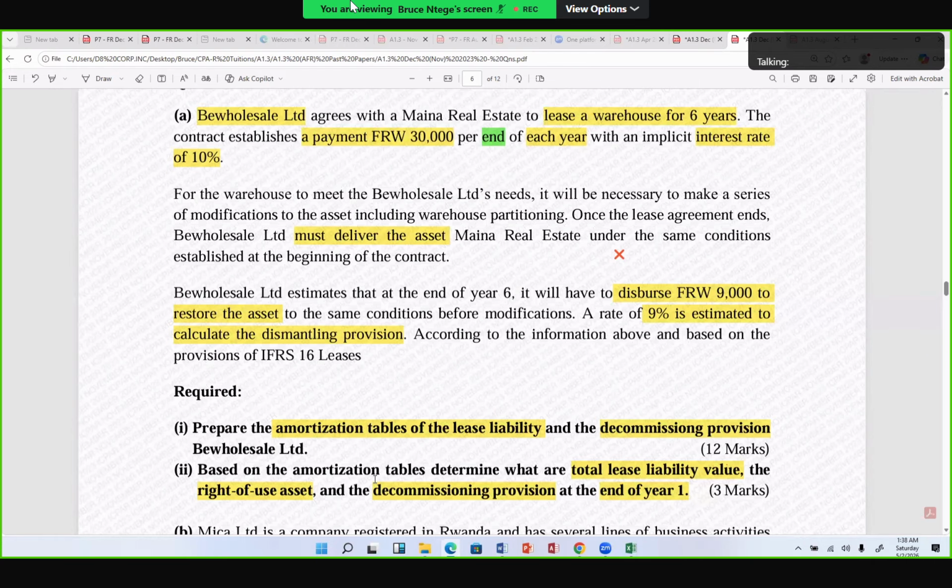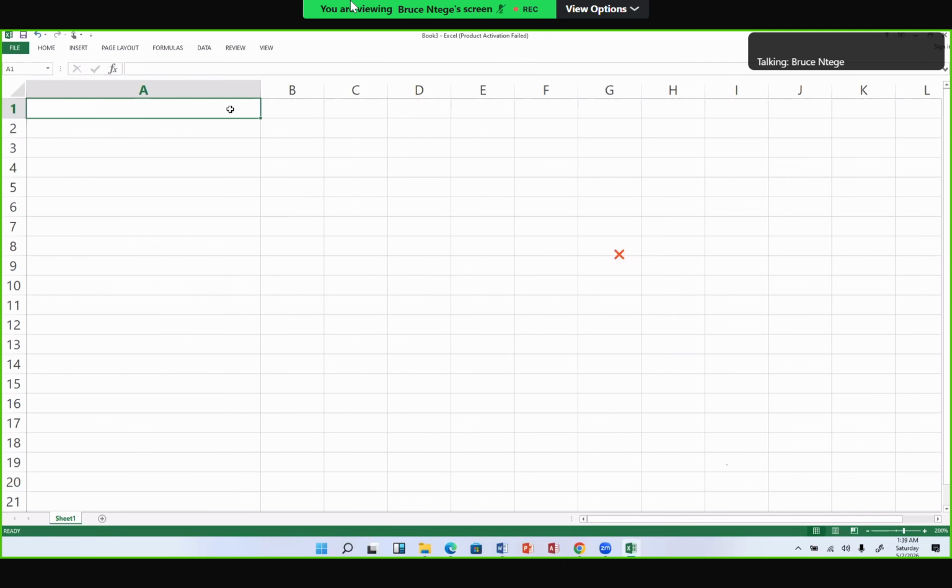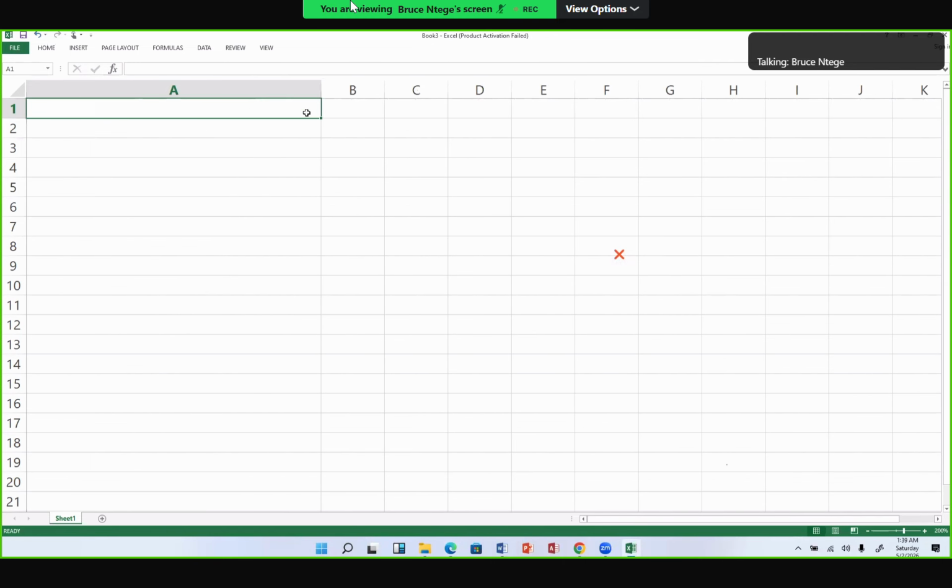Okay, so let's move on. I'm thinking Excel would even be better for me, because that's the advantage of a CBE. There are those who are planning to have the CBE in future.